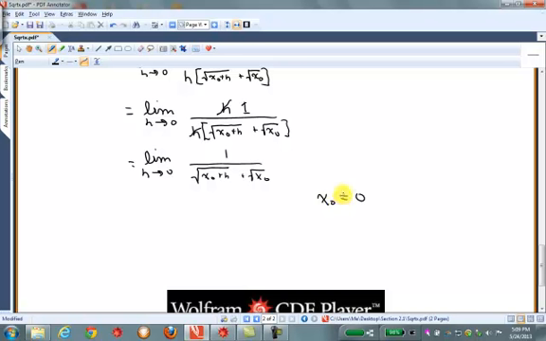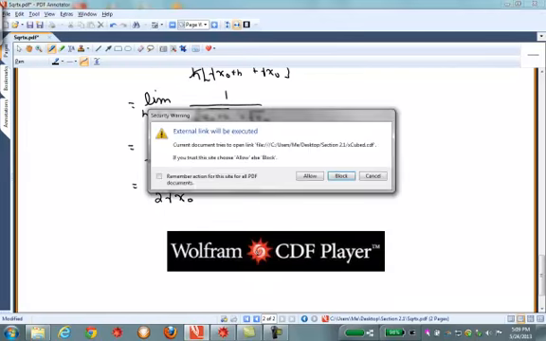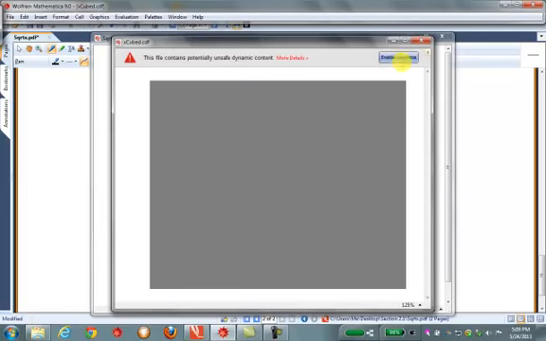And provided x0 is not 0, this becomes 1 over the square root of x0 plus 0 plus the square root of x0, or 1 over 2 times the square root of x0. And now you see we have a formula for finding the instantaneous rate of change for the square root of x. Okay, let's take a look at this example.